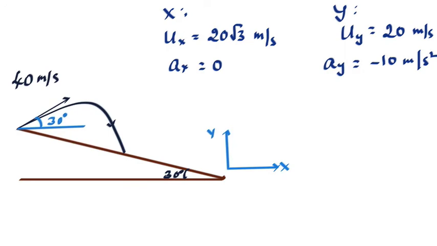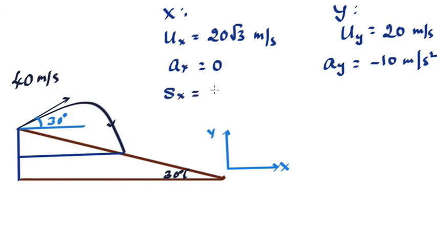When it lands on the incline, what is Sx and Sy? Let me drop a perpendicular from here and draw a horizontal line like so. And now we are ready to say what is Sx and Sy.